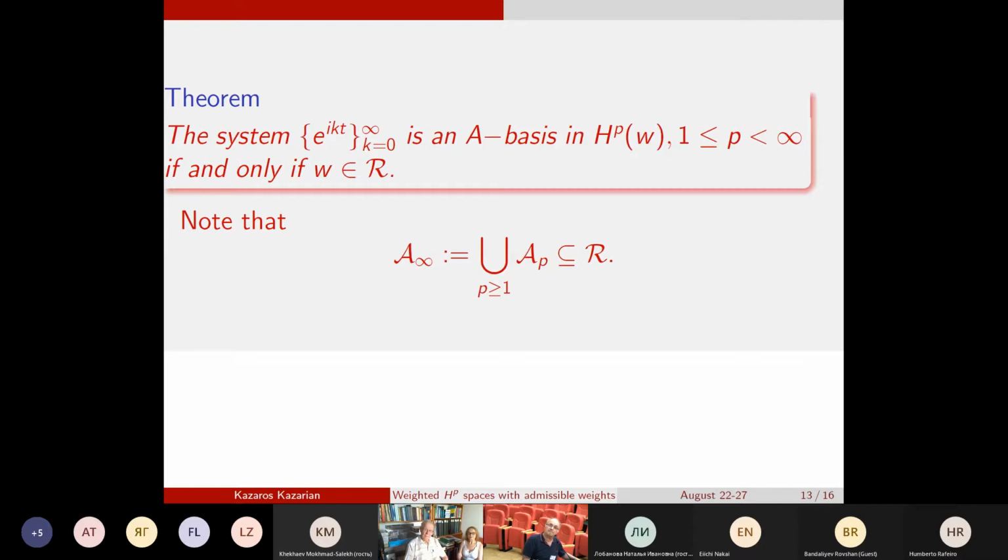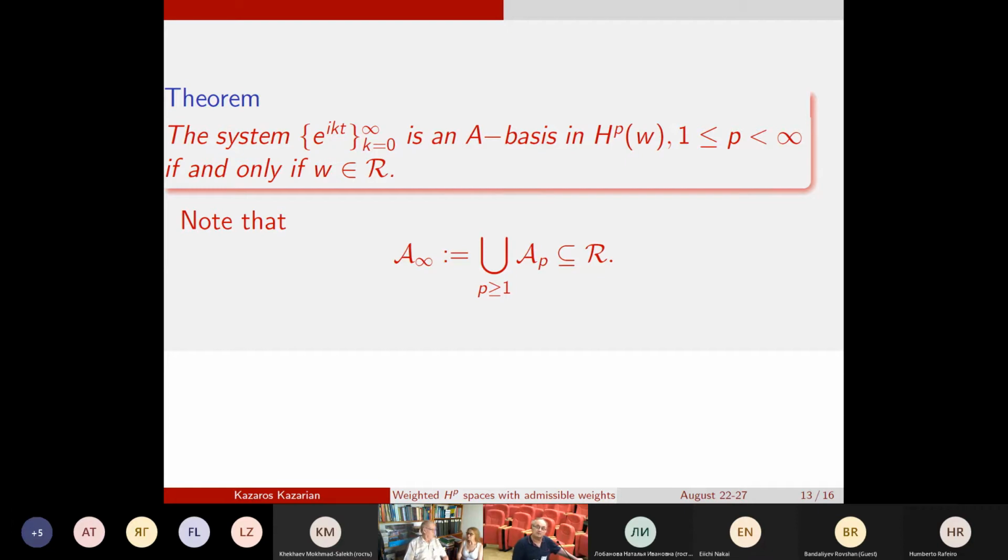Here we have one of the main theorems which I have proved. It is the following: the system also is an A-basis in the space HPW if and only if the weight belongs to Rosenblum's class. Okay, here I write this relation in order to know that any weight function which belongs to any AP class enters in the class of Rosenblum.